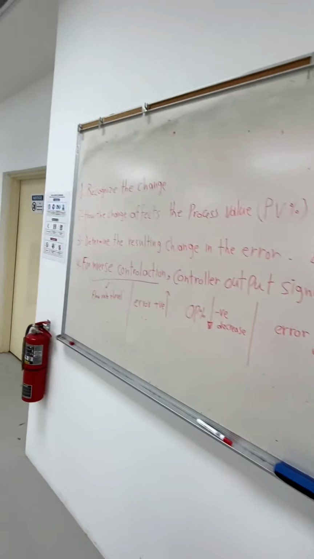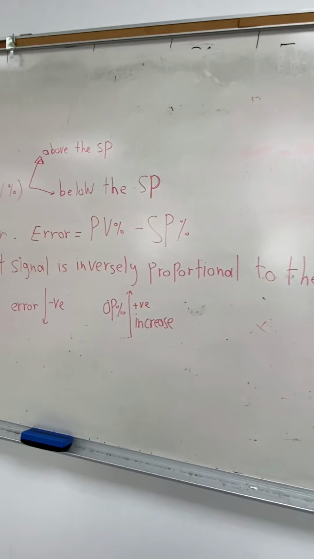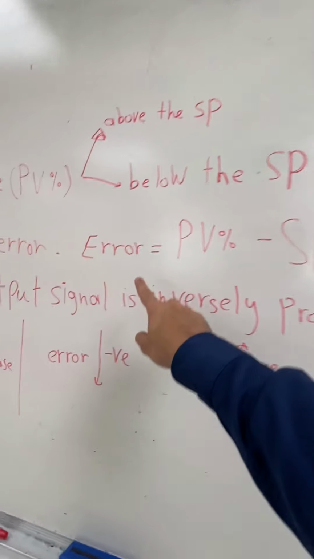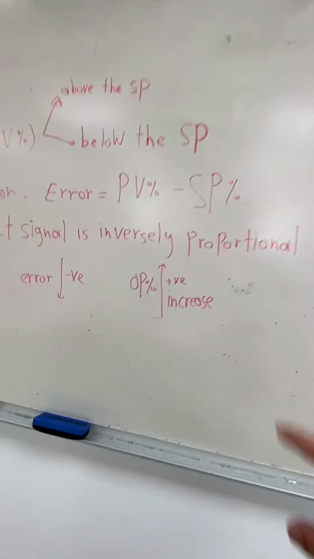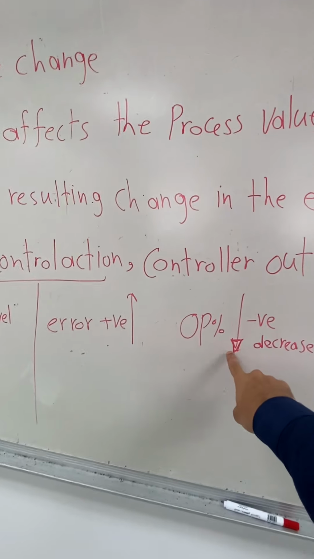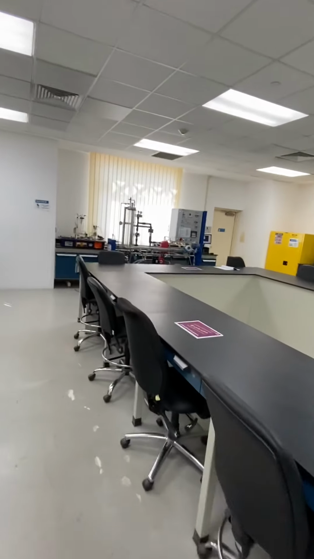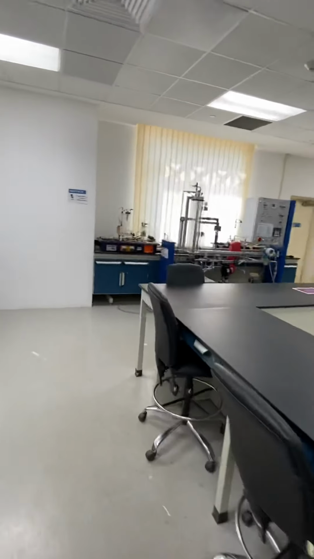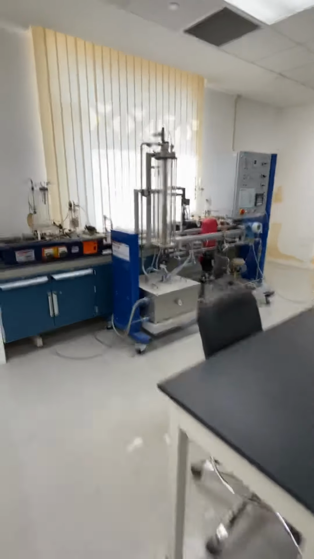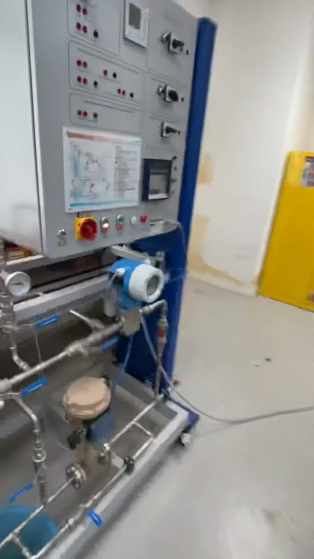Okay, and from step number 3, we can easily tell that in this scenario the error will be positive, and that's why for the inverse action you will see that the output signal will start to decrease. Because if you open the bypass valve, valve number 5, the flow rate value measured by the sensor will be sent to the controller.